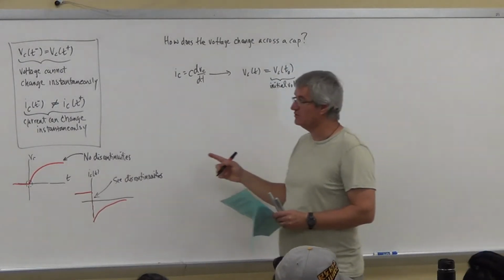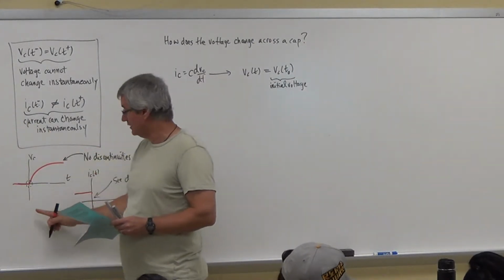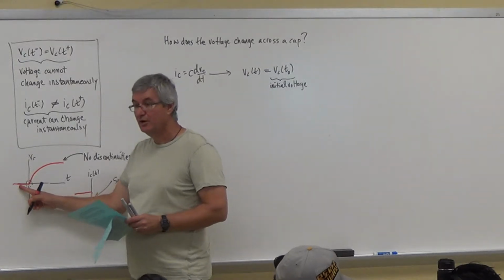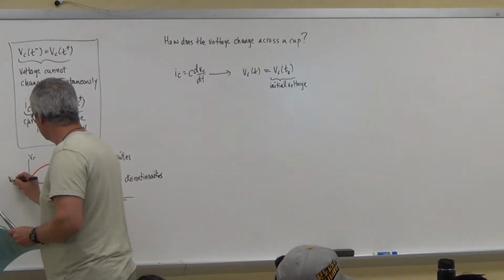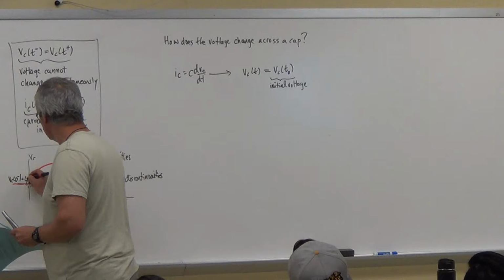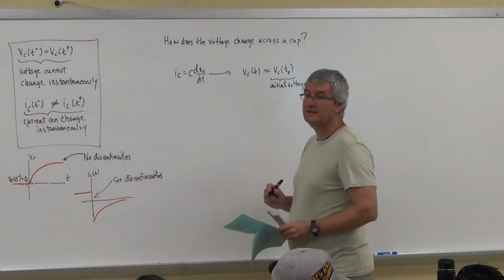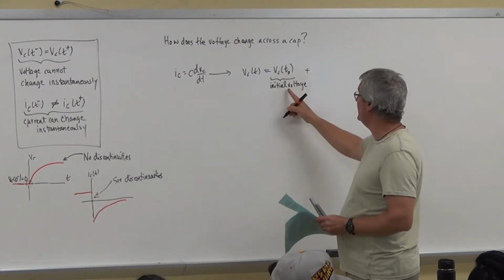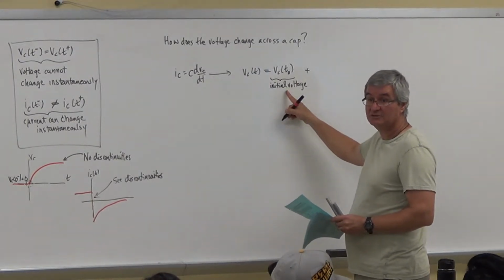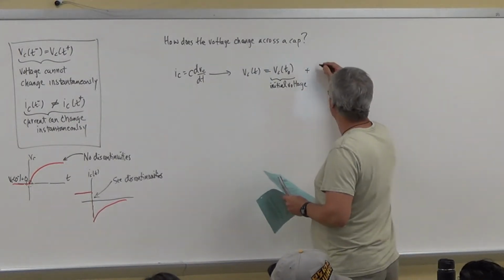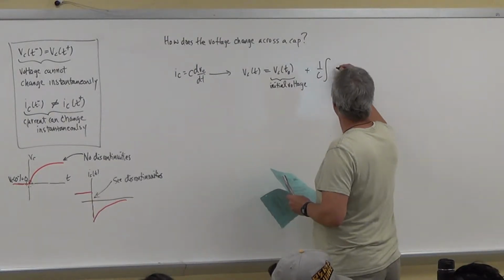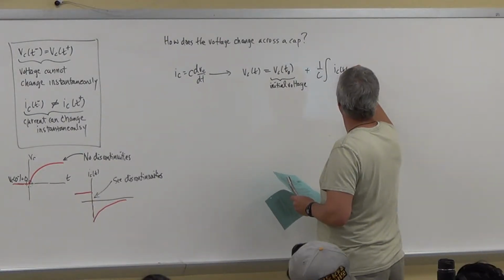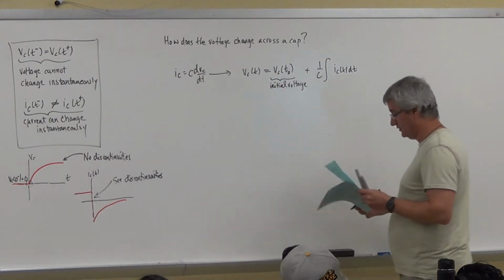If I look at the example that we were talking about, the initial voltage, at 0 minus, is 0. And then the charging starts here. So now the only way I can change the voltage across the capacitor is if I integrate the current as a function of time here.